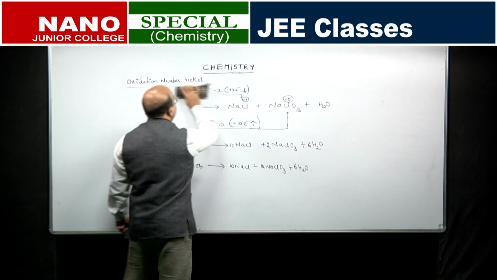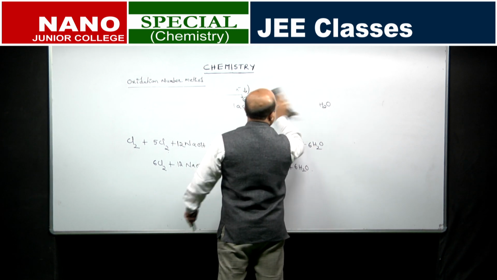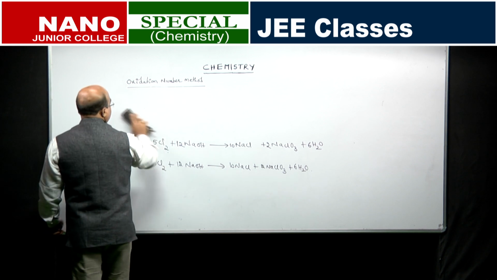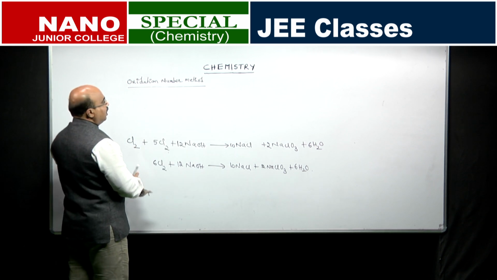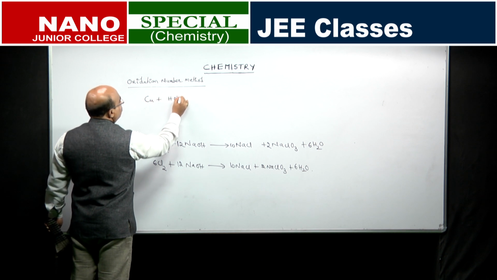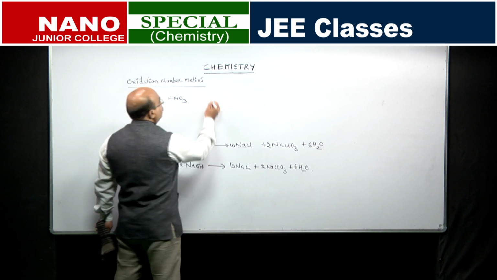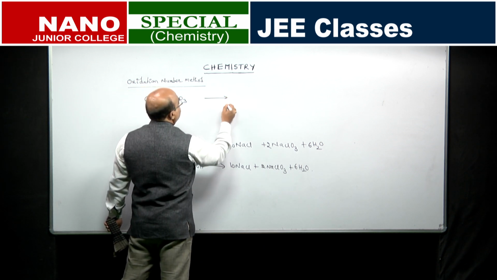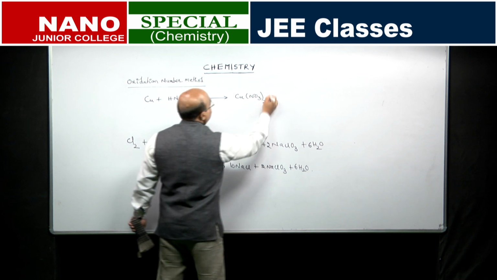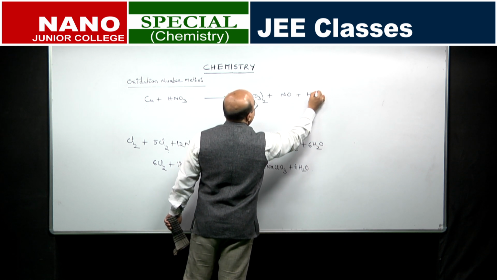So, let us go with these questions, you just try to practice by oxidation number method. I will write this equation: Cu plus HNO3 giving CuNO3 taken twice plus NO plus H2O.